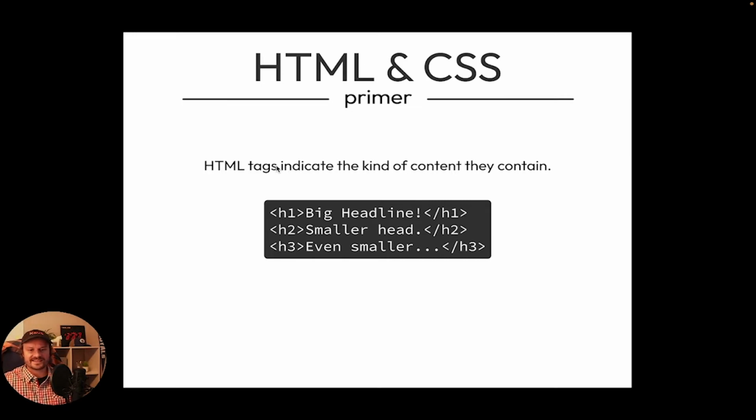HTML tags indicate the kind of content they contain, and that may be self-evident, but I did want to point that out. For example, these are our old friends, the headline elements. We have H1, which is a huge headline. Among headlines, H1 is the largest, H2 is a bit smaller, and H3 is even smaller.